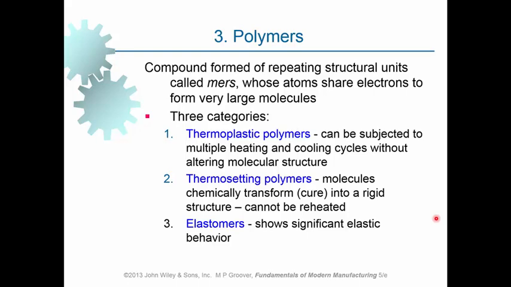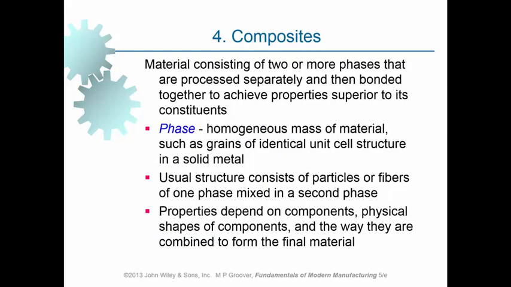Once you release the load, they return to the original shape, and this is a property that can only be found in elastomers. However, they cannot be recycled. The reason is the same reason that we had for thermosetting polymers.